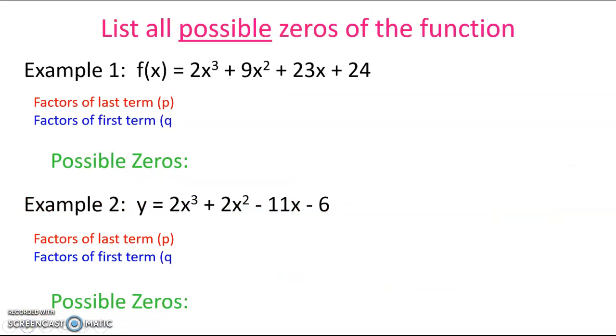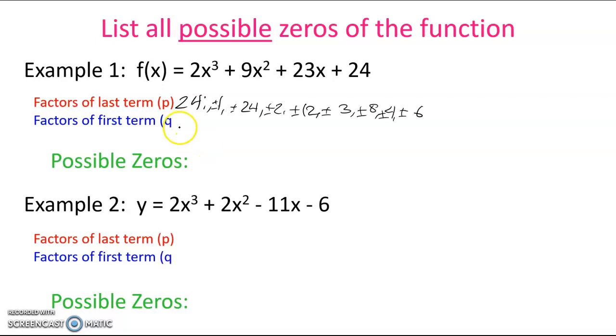For example 1, my last term, p, is 24. I'm going to list out all the factors, the numbers that multiply to 24, and in front of every number I write a plus or minus. 1 and 24. 2 and 12 work. 3 times 8 gets me 24, so I write 3 and 8. 4 times 6 gets me 24. 5 doesn't work, and then I'm at 6, so I'm basically done.